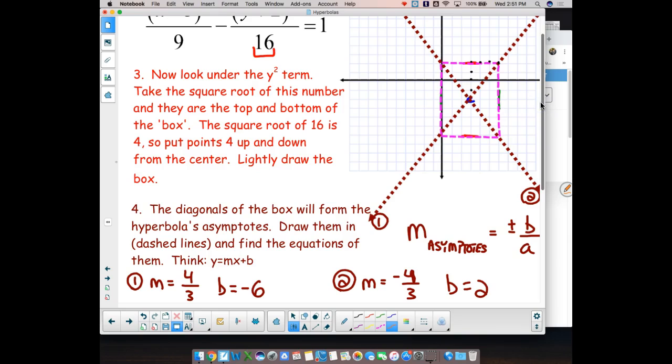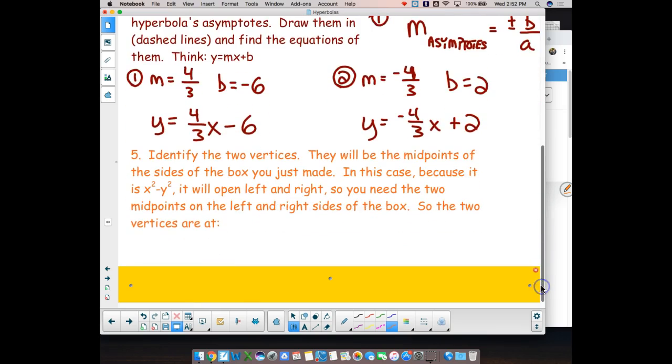So that's going to be straight out from the center. So there's one vertex. There's the other vertex. Okay? So this is 6, comma, -2, and 0, comma, -2, are the coordinates of my two vertices.